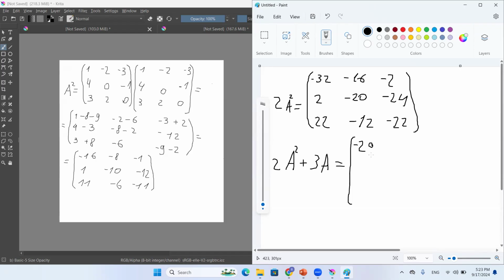Yeah, minus 29. First row, second column. Adrian? Minus 22. Yeah. And here. Now Daniil. Minus 11. Correct.